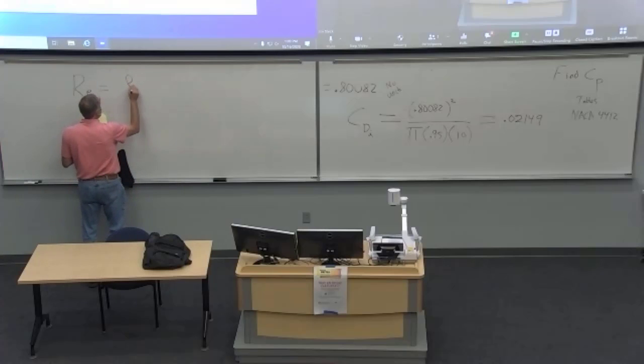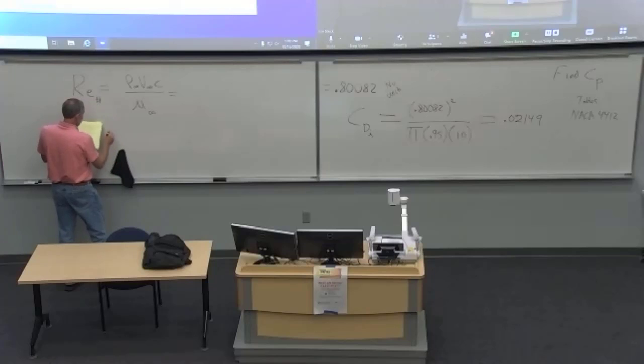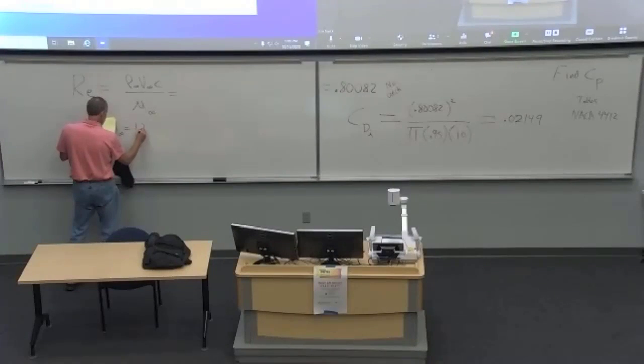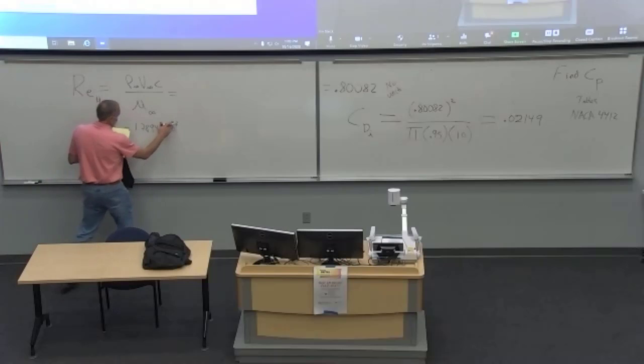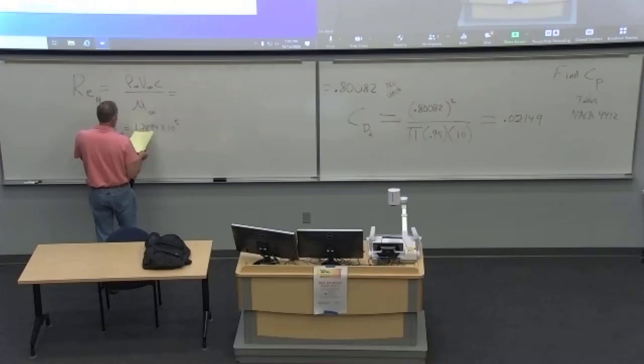So it's rho, v infinity, c, the chord divided by mu infinity. We need to remember what mu infinity is, because we're working in metric here.